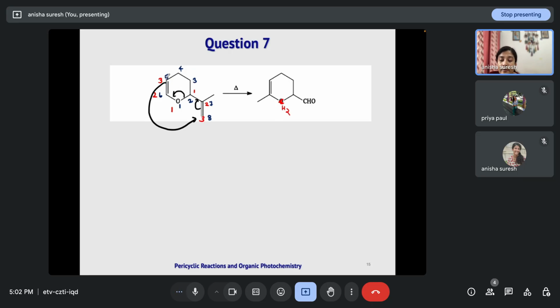A new bond will be formed between carbon 5 and 8, and this double bond will shift from carbon 7, 8 to carbon 2 and 7, and this 1 2 bond will be broken, leading to formation of an aldehyde.